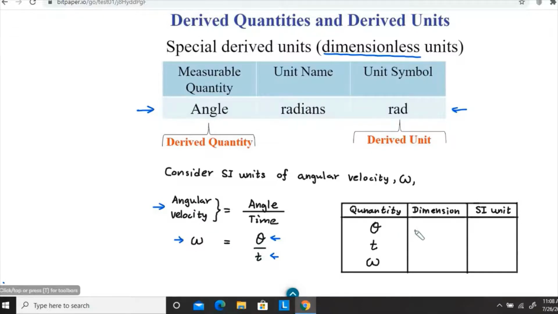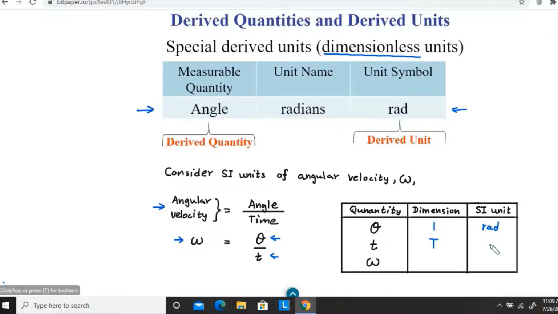So in this table, if we put the dimensions and SI units for these corresponding quantities, theta has no dimensions. It's dimensionless. As a result, we put 1. The SI unit for theta is radians. I'll put rad, R-A-D. The dimension for time is t.